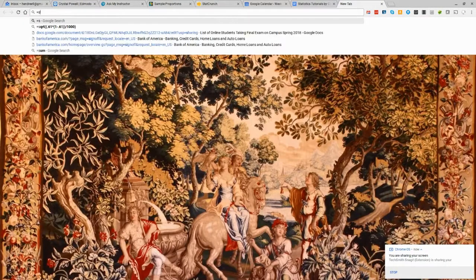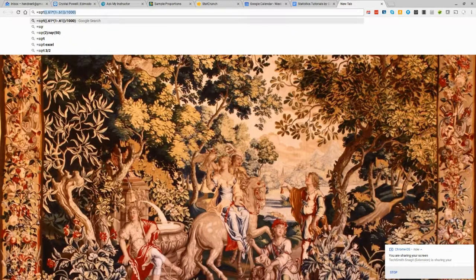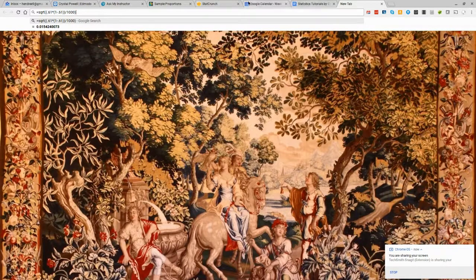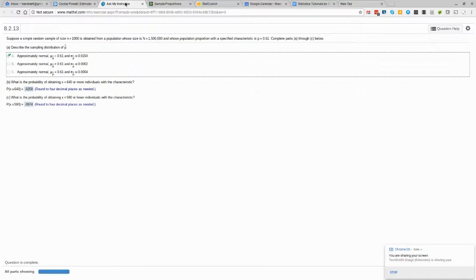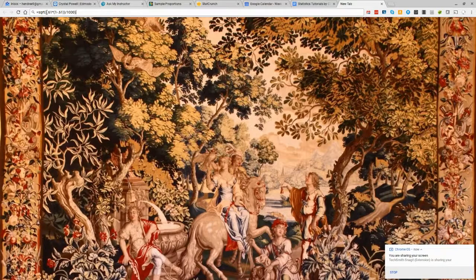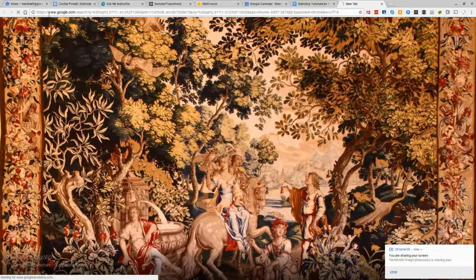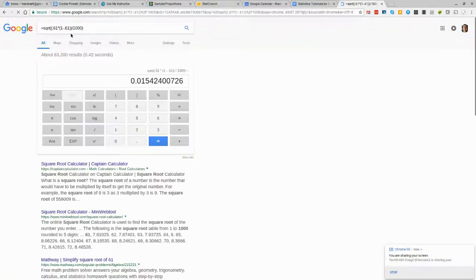Let's see, it's a square root. I think I have it in here. Let me just make sure. Yeah, our population proportion is 0.61. So this is the proportion times the complement of the proportion divided by 1,000.